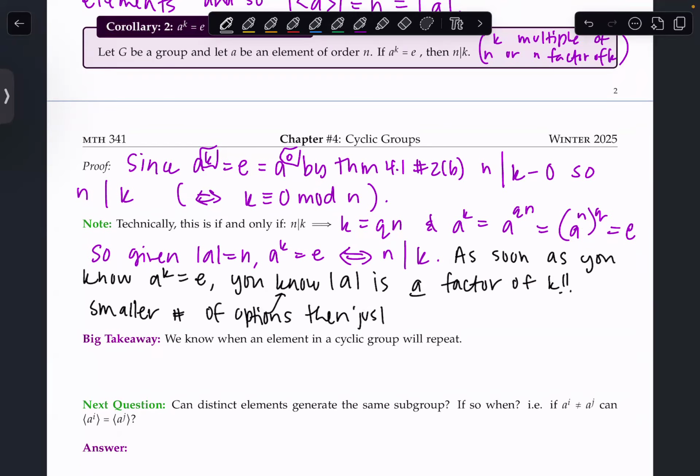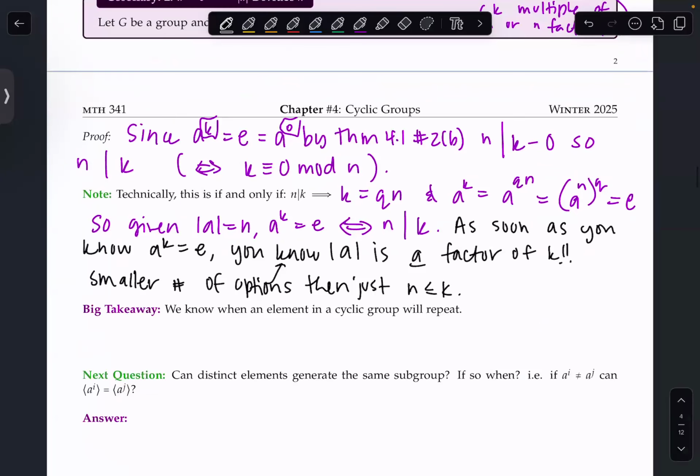Than just the numbers that are less than or equal to k. Okay, so the big takeaway here is we want to understand when the elements in our cyclic group repeat, in terms of our finite cyclic groups.